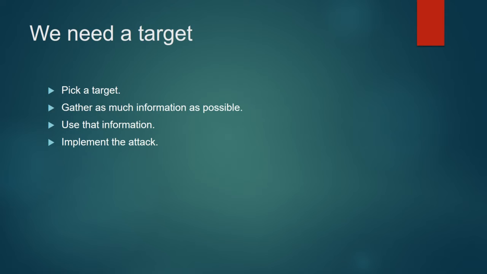We need someone to aim our attack against. Therefore, we need to gather as much information as possible about that target. Immediately after we pick a target, we need to start analyzing everything we can about them, and not only on Instagram. Basically, the more information, the more opportunities for social engineering attacks.